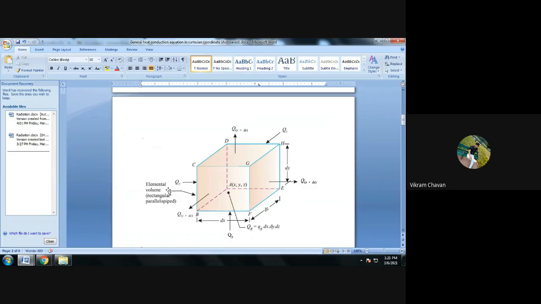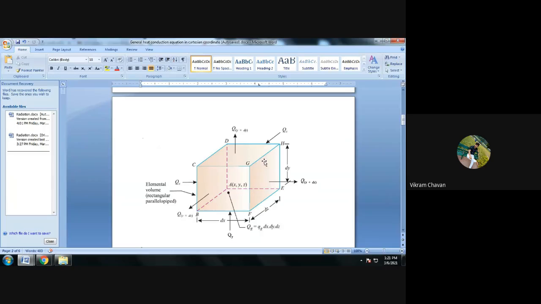So now we have discussed that heat is coming inside. Also, this particular element is generating heat. Now, from the other faces, from this side, heat is entering in the x direction. From this side, heat is entering in the y direction, and from this side, heat is entering in the z direction. This is the face for entering heat in the x direction.